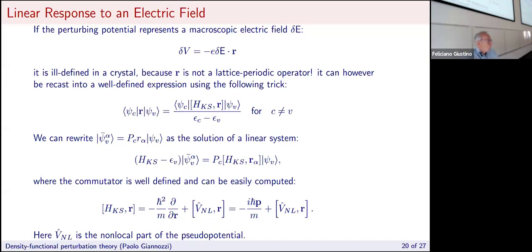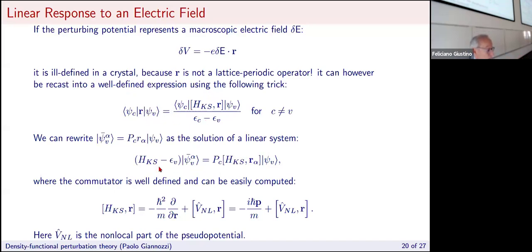But what we actually implicitly need here are only matrix elements between occupied and empty states. Implicitly, this is all we need. So those matrix elements can be transformed into well-behaved matrix elements using this trick. This is an identity.